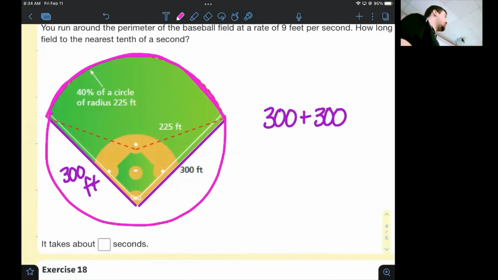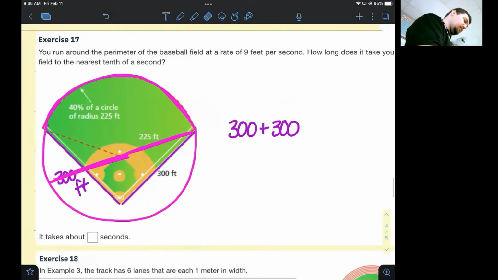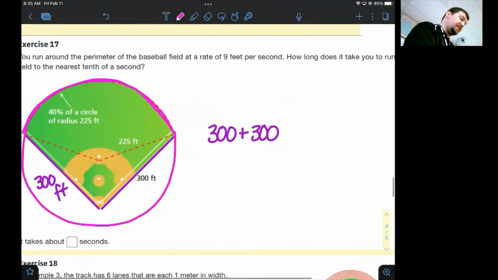Yeah, it uses the diameter. So if the radius of this circle is 225 feet, what would the diameter be, Ella, of the entire circle? 225 times 2. 450. Okay. So the diameter of the whole circle is 450.